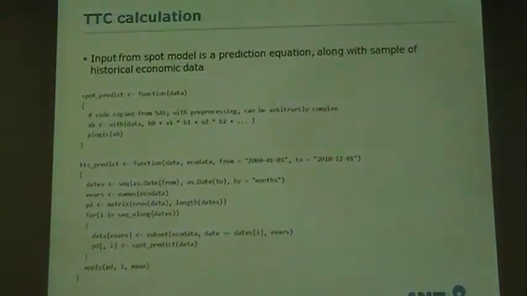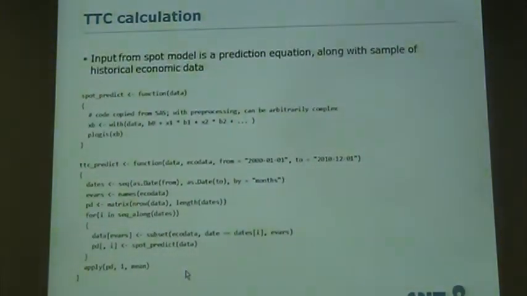I want to apply this function, the mean, across all of the different rows. So I'm going to take all of the values in each row and average them. The result of this is going to be a vector of predicted PDs, one for each observation. It's like doing a for loop, but in one line. It means you're very smart.